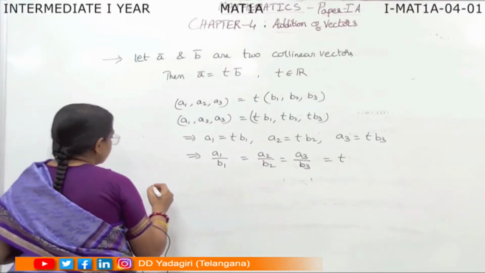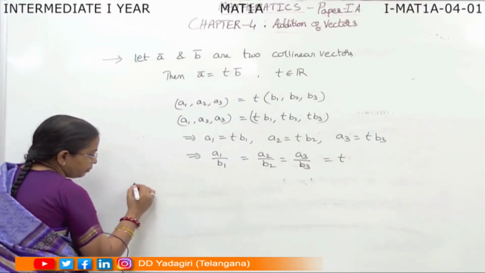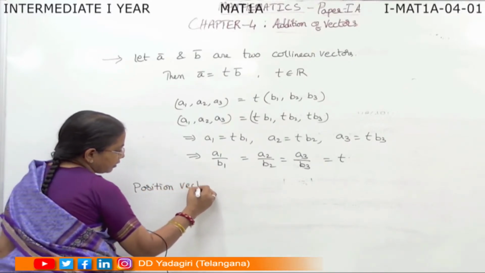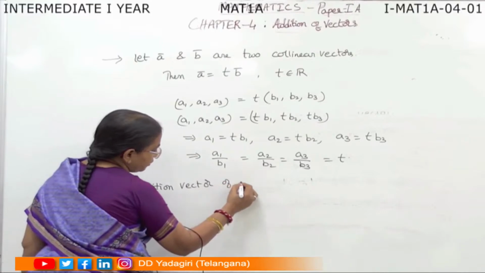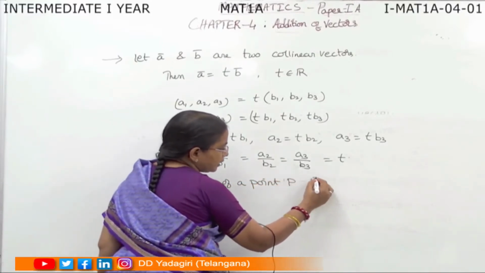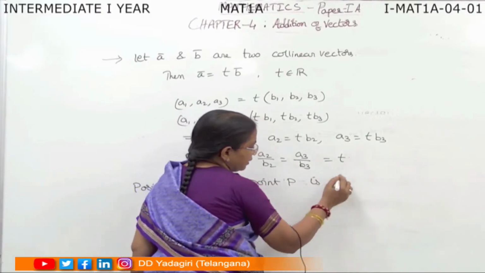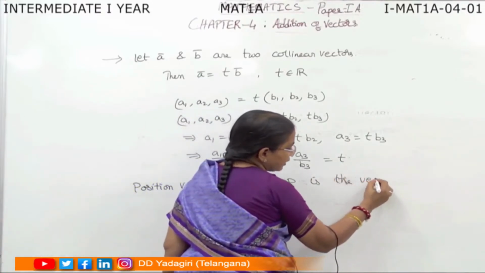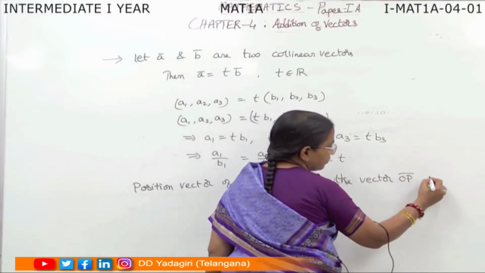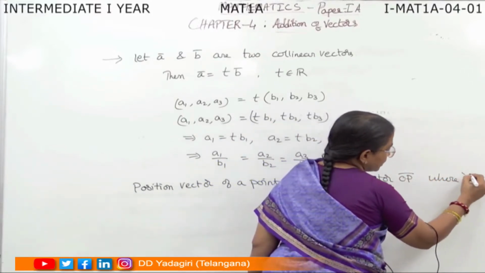Okay, next topic is position vector of a point P. Position vector of a point P is the vector OP, where O is the origin.